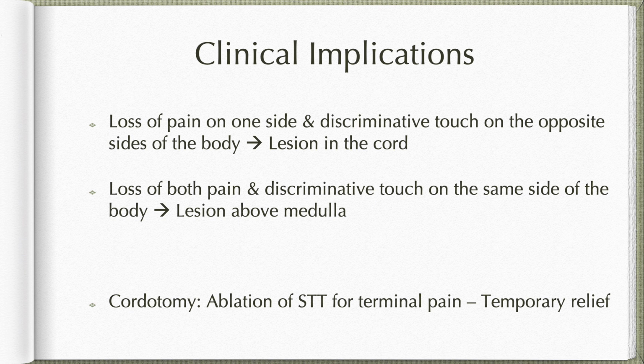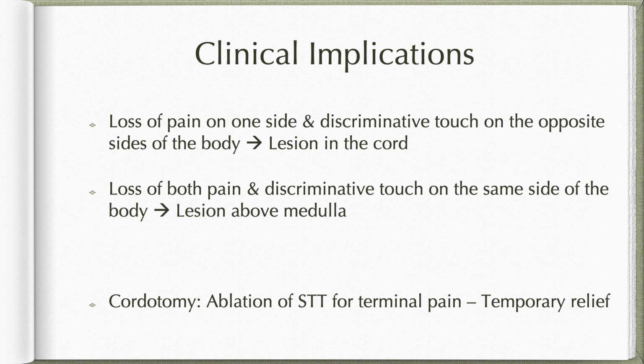The second point to be remembered is we do chordotomy, or ablation of the spinothalamic tract electrolytically, and this is done to alleviate chronic pain, especially when the pain is associated with carcinoma, that is a terminal pain, and this will give rise to relief of pain for about a year or so.